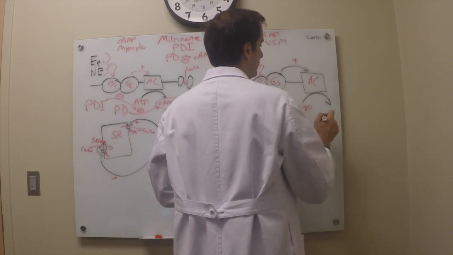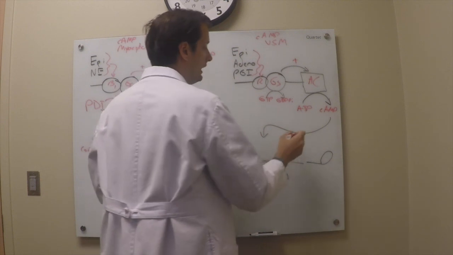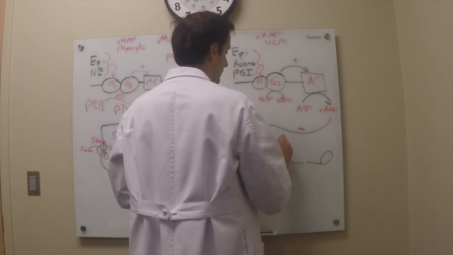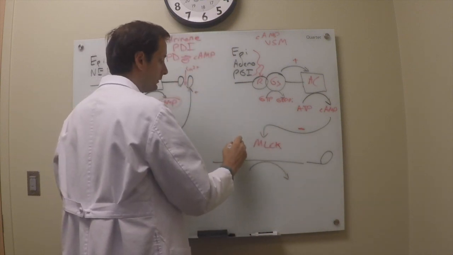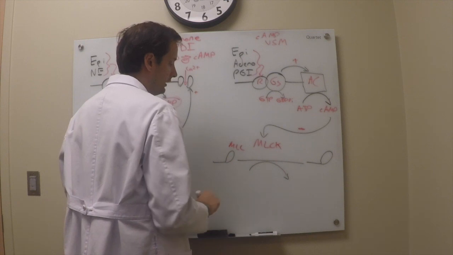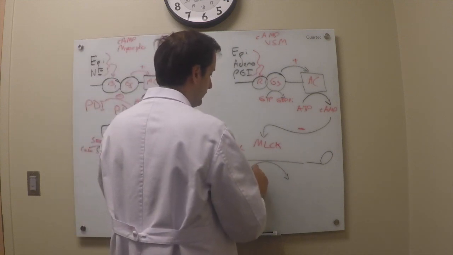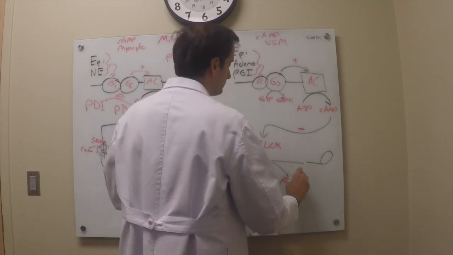ATP will go to cyclic AMP, and cyclic AMP has an inhibitory effect on myosin light chain kinase. Myosin light chain kinase is the enzyme that phosphorylates myosin light chain on the head of your myosin, in the presence of ATP going to ADP and inorganic phosphate.